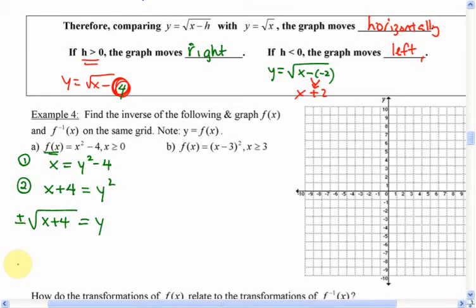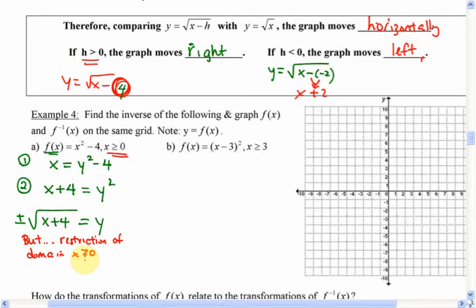But in this case, I want you to be aware. Do you see this restriction up here? Do you see the restriction of the domain to be x is greater than or equal to 0? Well, what does that mean with my plus and minus then? It's supposed to be which one? Positive. Good. Remember, x is bigger than 0. That's the part that's to the right of the y-axis.